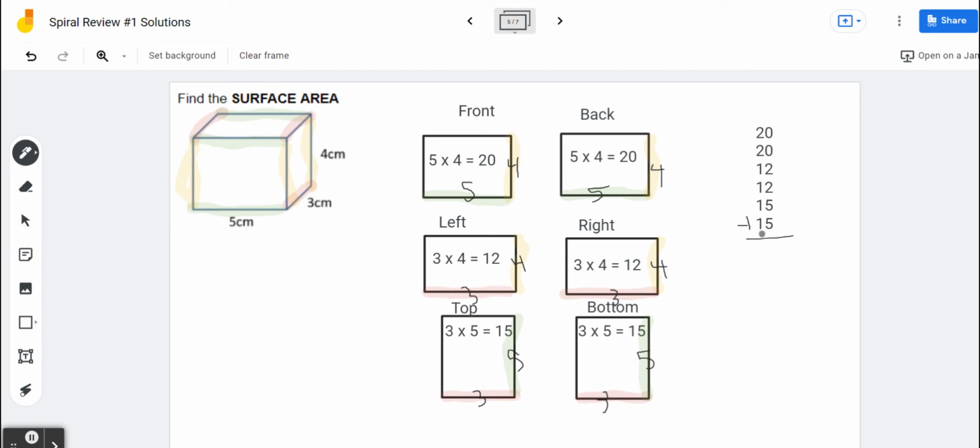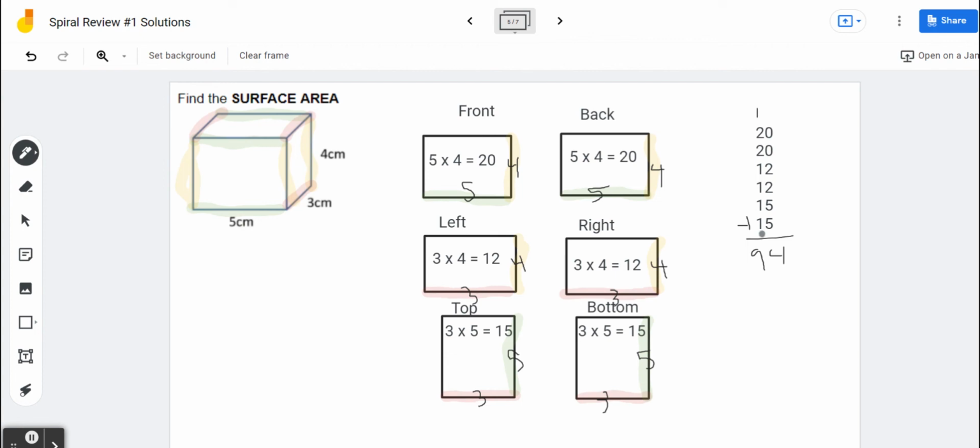So on the right side, 0 plus 0, 0, plus 2 is 2, 4, 9, 14. 1 plus 2, 3, plus 2, 5, plus 1, 6, 7, 8, 9.